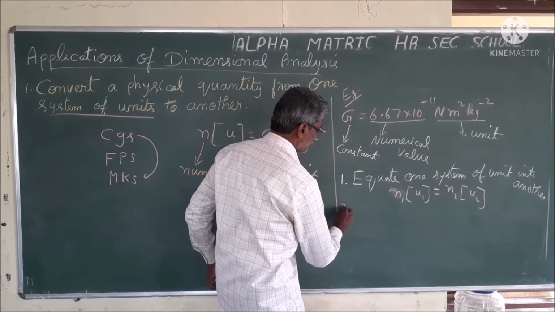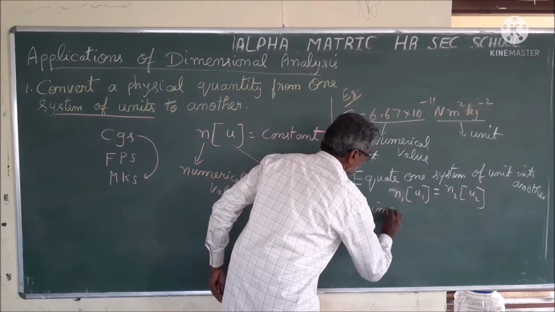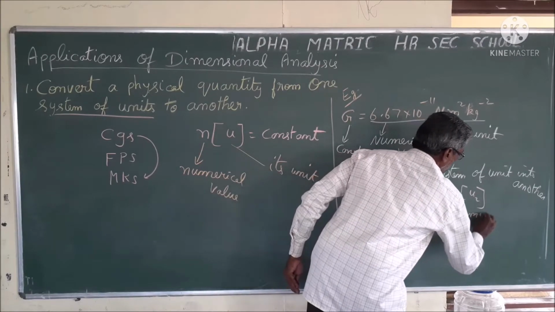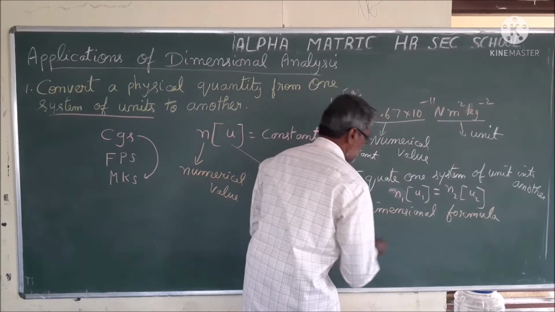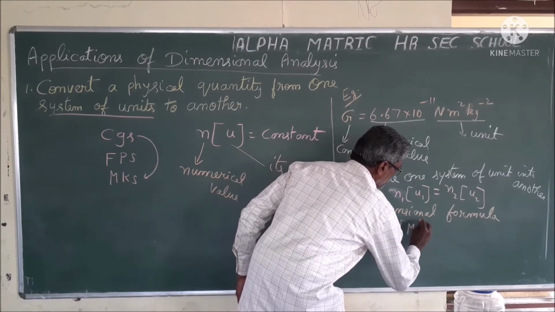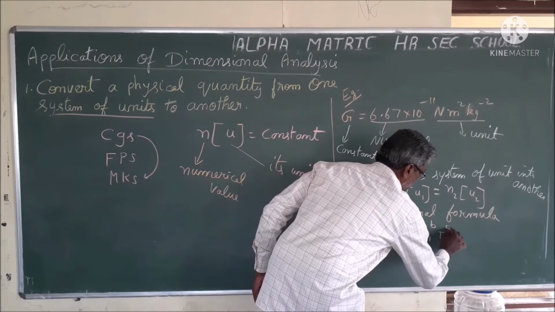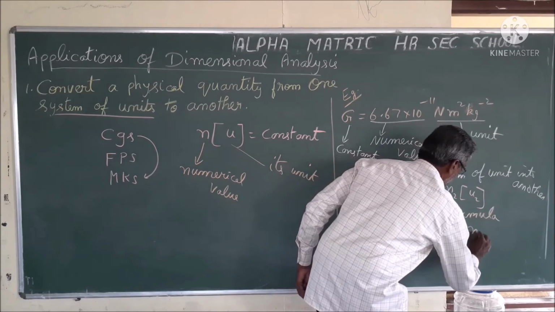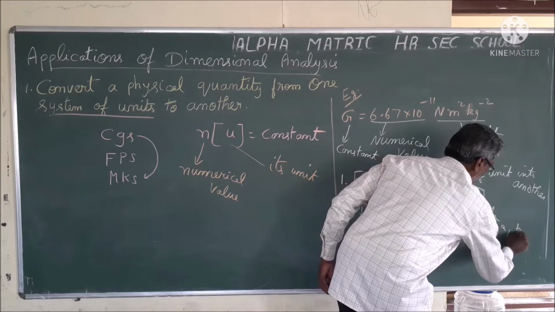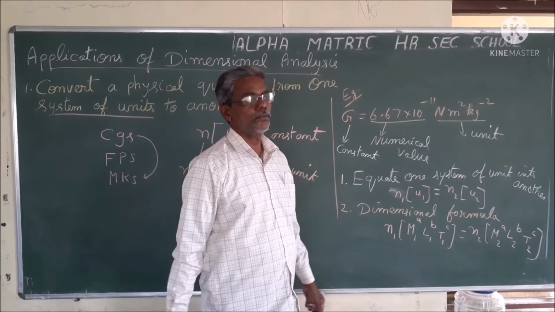Next one is the dimensional formula, that is, N1 [M1]^a [L1]^b [T1]^c is equal to N2 [M2]^a [L2]^b [T2]^c.